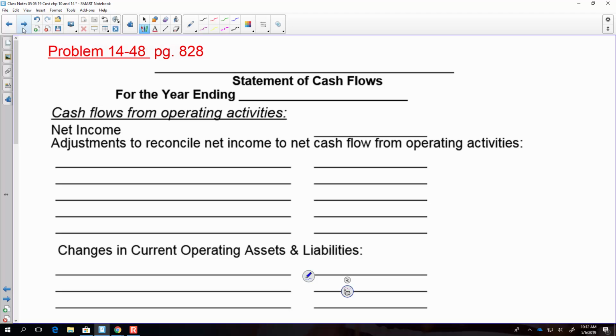All right, so let's go and try one now. Problem 48. This is the indirect method. Our cash went up during the year. That's always cool.